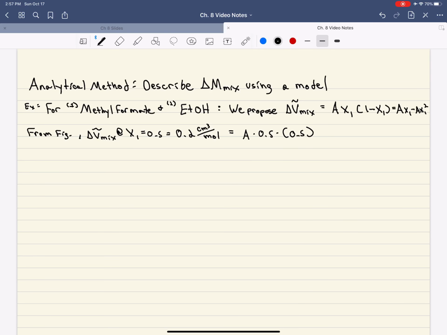So we have all those values. Our only unknown is A. Therefore, we estimate that our A parameter is 0.8 centimeter cubed per mole.